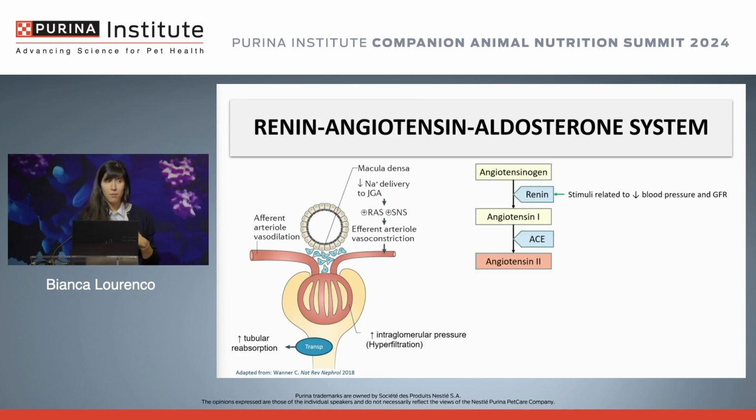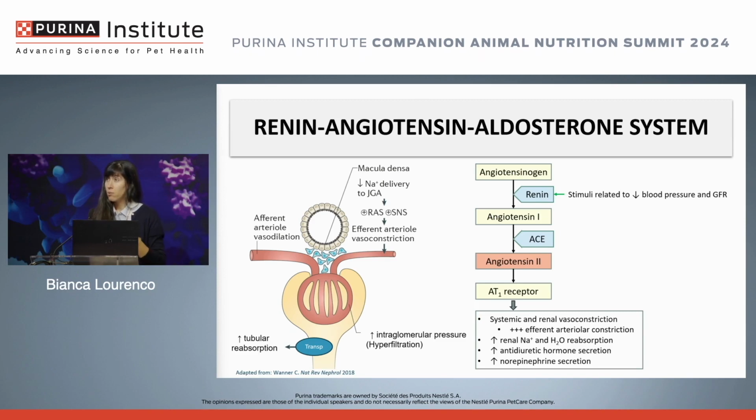And you might recall the renin-angiotensin-aldosterone system, or RAS, in a very simple way, at least that's how I recalled it from vet school and even early in my residency, as this cascade that starts with angiotensinogen and then sequential cleavage by renin, the rate-limiting step, and then angiotensin-converting enzyme to generate angiotensin II, which is the main effector peptide of the system.